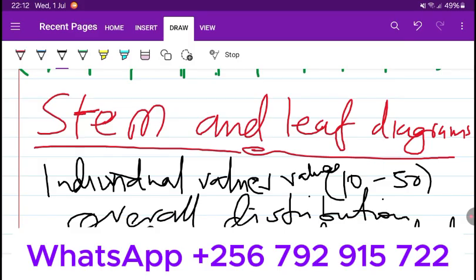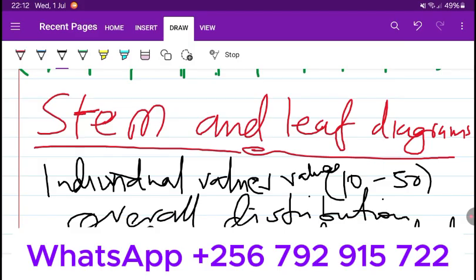So it gives you two things. It sorts and maintains the original data or the actual data while showing you how it can be graphed, or it gives you its graphical form.